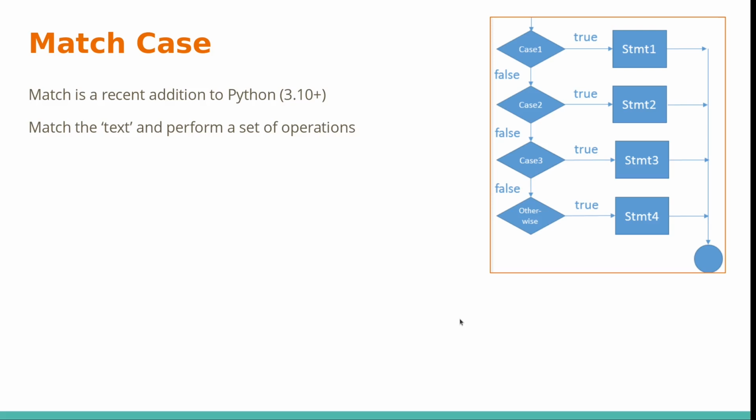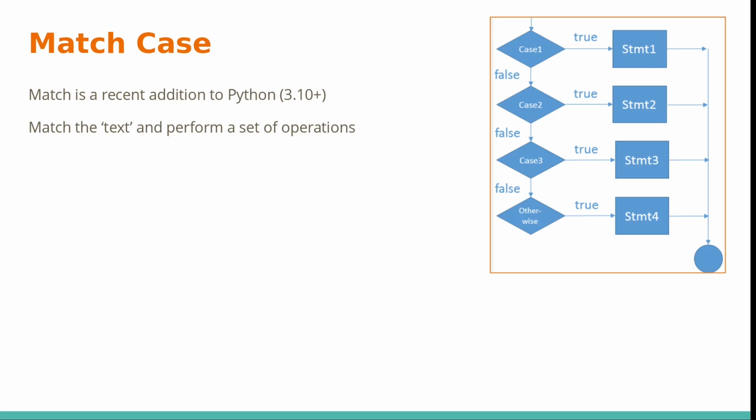So if, if-else, and if-elif-else are the three basic syntaxes that have been with Python since its inception. There is a new conditional statement called match, which has been recently added to Python since version 3.10 plus.